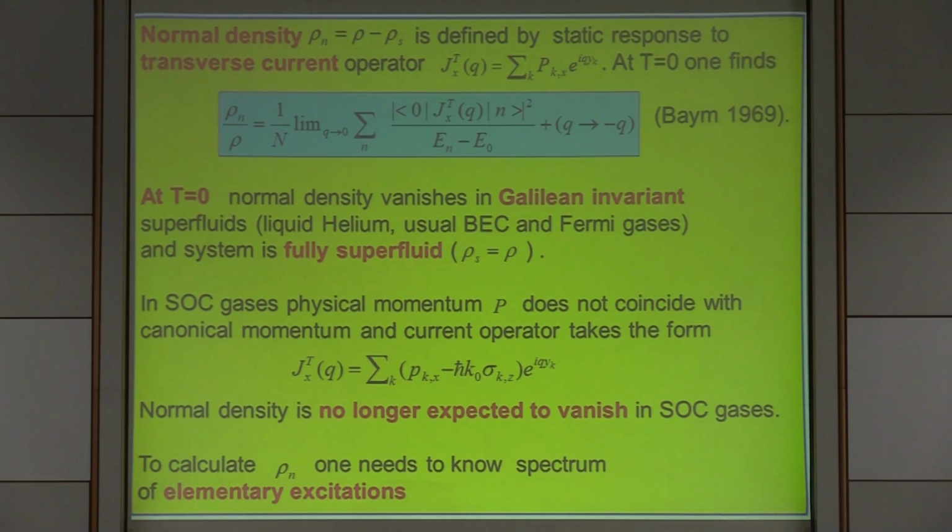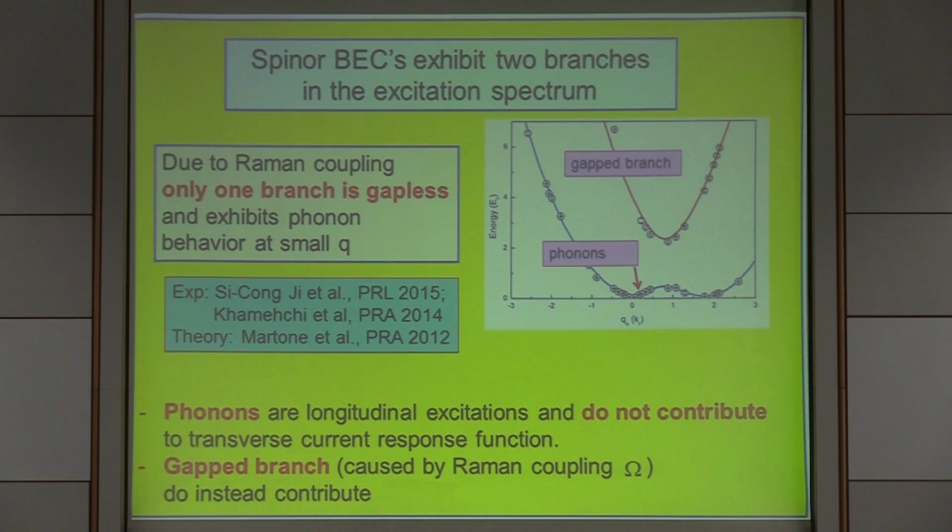Of course, in order to calculate these matrix elements and energy, one should know more about the excitation spectrum of the system. And this problem was investigated in the past years, both theoretically and experimentally. And I would like to show what are the features of the excitation spectrum of the spin-orbit coupled Bose gases.